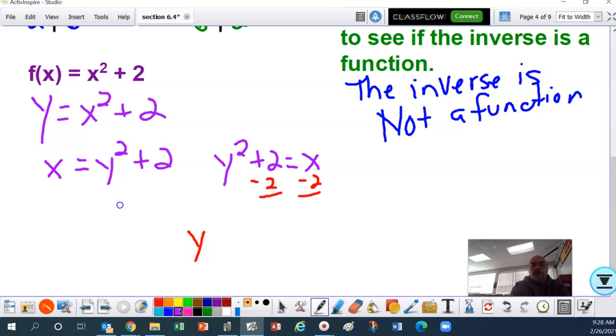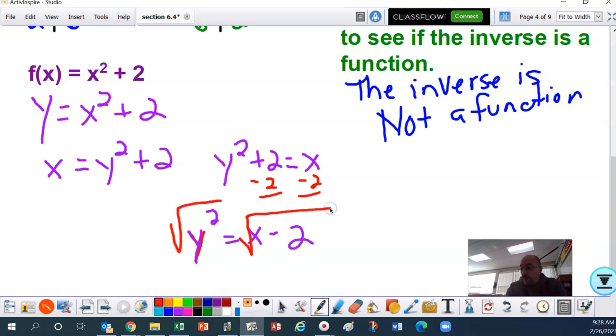So, whoops, I want purple. So y squared equals x minus 2. Then we do the square root. And ladies and gentlemen, when you do the square root, you put the positive and negative in front. So the inverse is y equals plus or minus the square root of x minus 2.